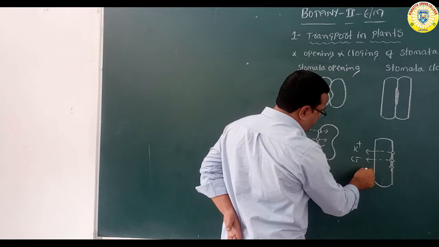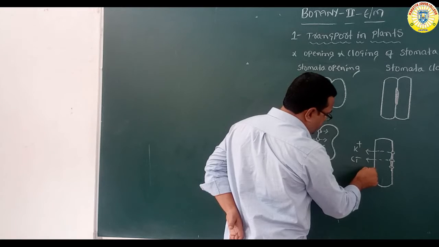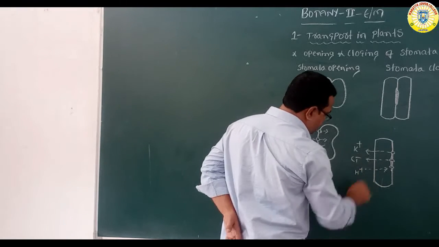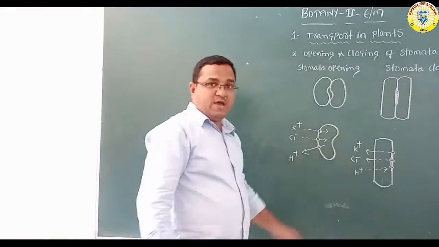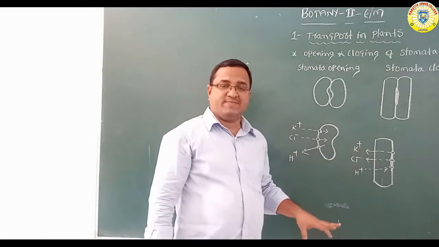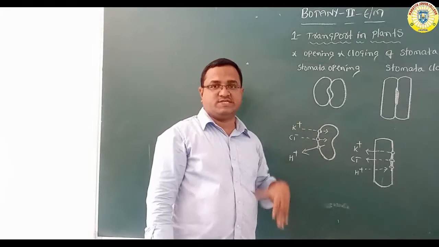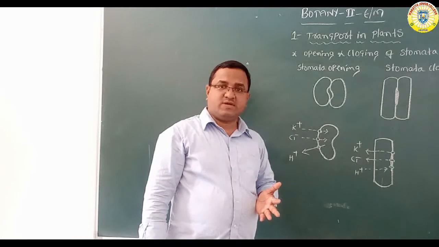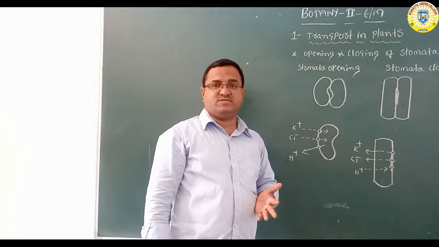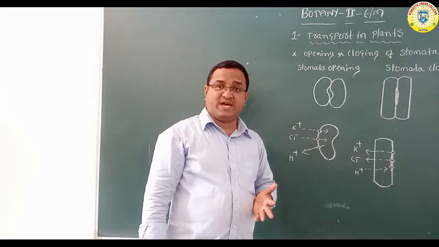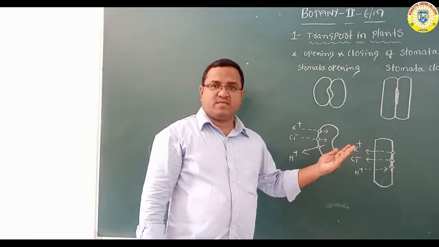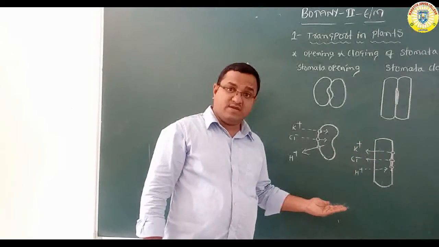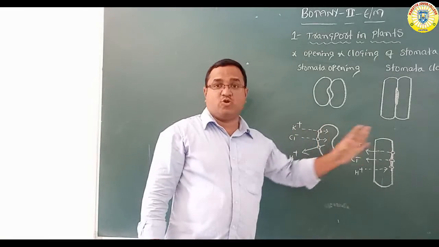But in this situation, protons enter into the guard cells. So K plus ions and Cl minus ions both come out of the guard cells. So inside the guard cells, the water potential is increased. Because of the increase of water potential, the water which is present in the guard cells comes outside. In this situation, stomata are closing.